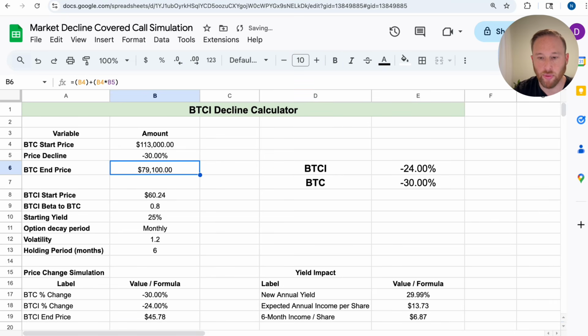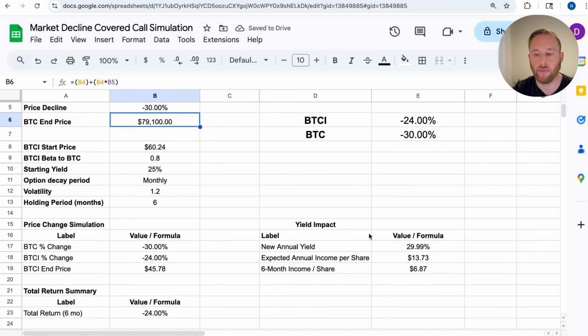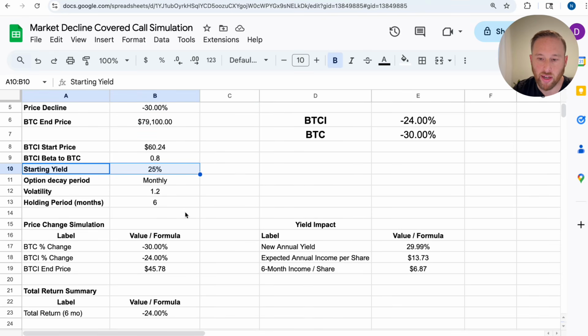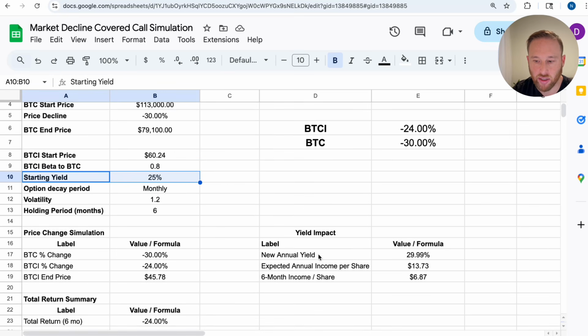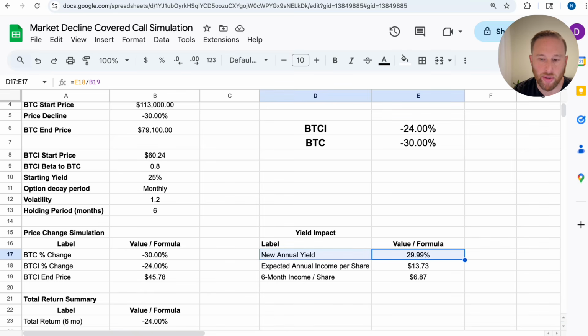So what is going to happen with a negative 30% decline by way of yield? All right. So we started the yield at 25%, but as the price declines, and if we can maintain the same volatility, well, actually the new yield will go up. So we'll see a 30% yield. We'll continue to see a higher and higher yield as the price goes down, assuming the same volatility, and that will play itself out, right?